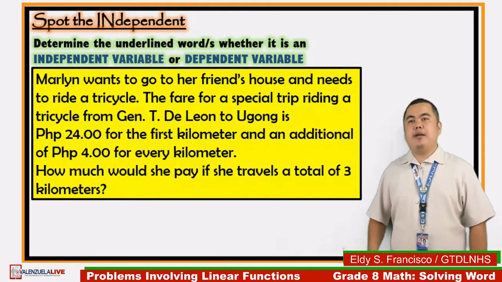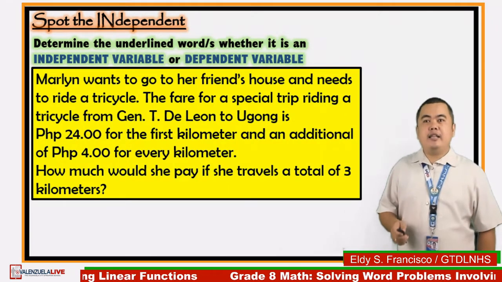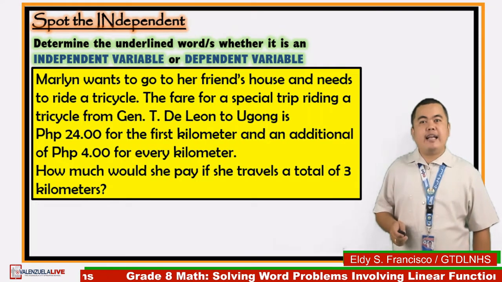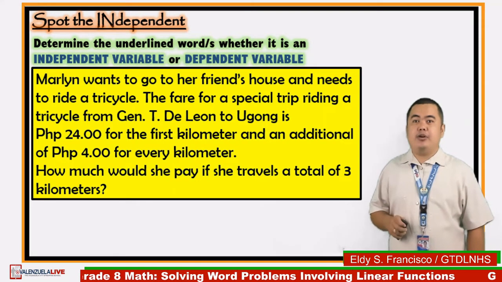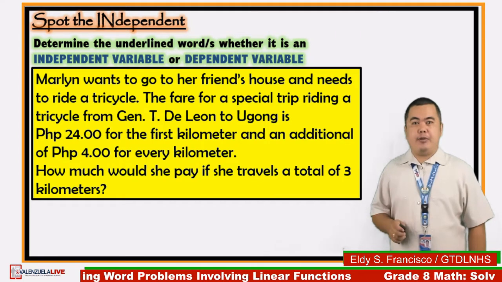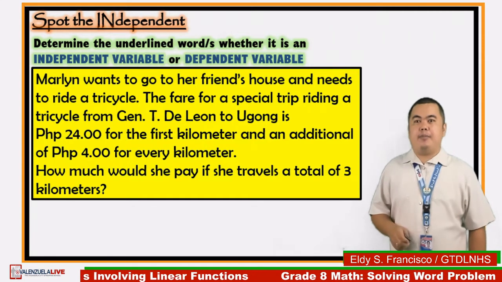Okay, next problem. Marlene wants to go to her friend's house and needs to ride a tricycle. The fare for a special trip riding a tricycle from Gente de Leon to Ugong is 24 pesos for the first kilometer, and an additional 4 pesos for every kilometer.